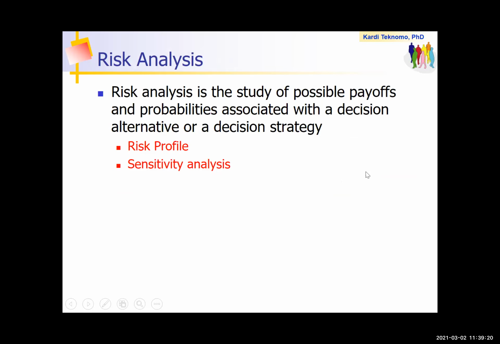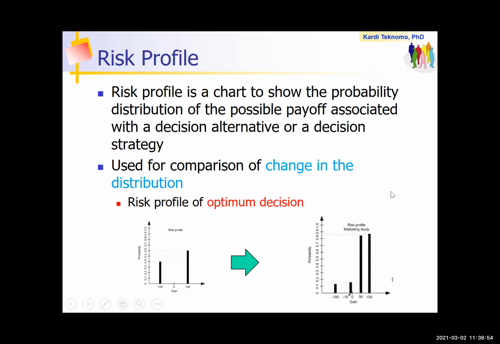Now in risk analysis, you will study the possible payoff and the possible probabilities associated with the decision alternative or a decision strategy. In this case, you will create what is called a risk profile, and then you will do sensitivity analysis. This is where the robustness of your system comes from.